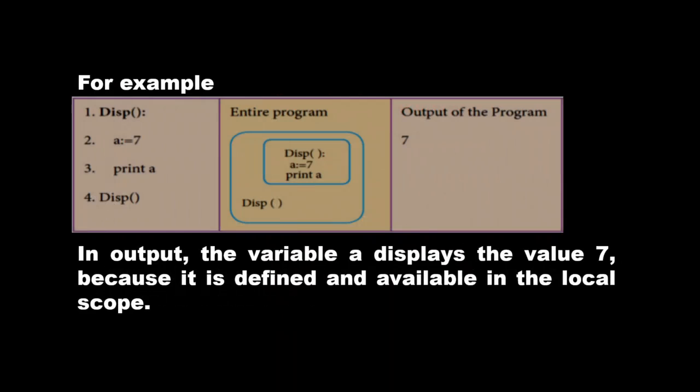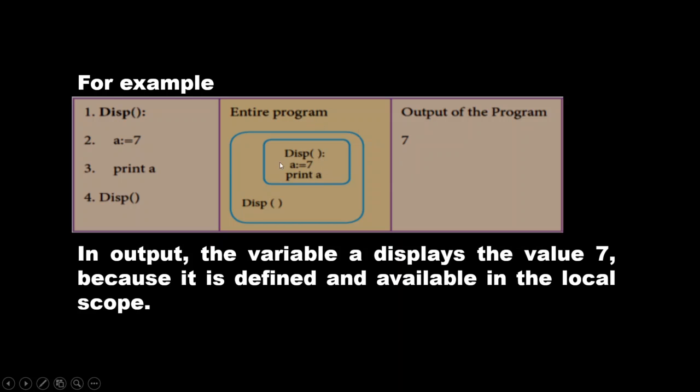For example, here we have a program: display a function, a equal to 7, print a, and display. So this part is the innermost part of the program and this is the outermost.